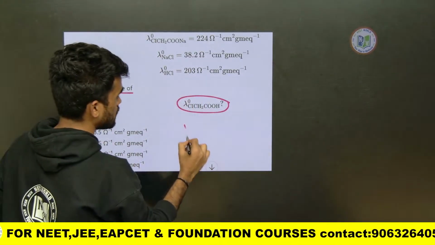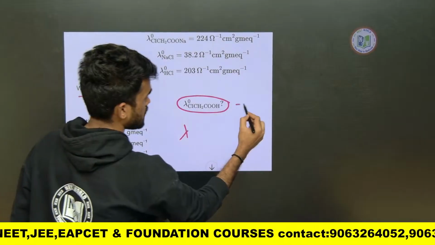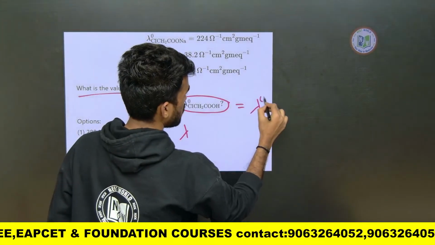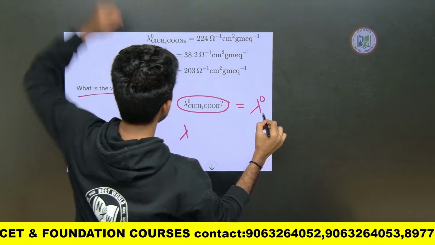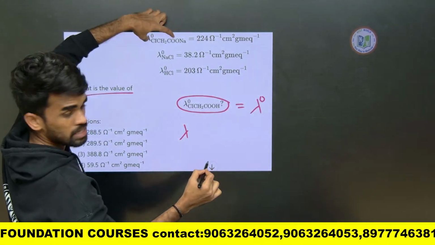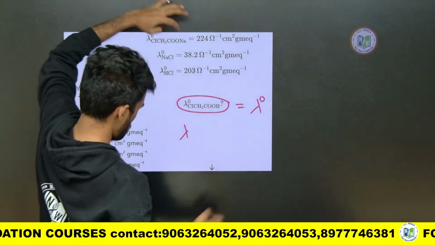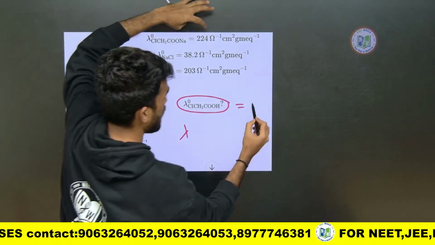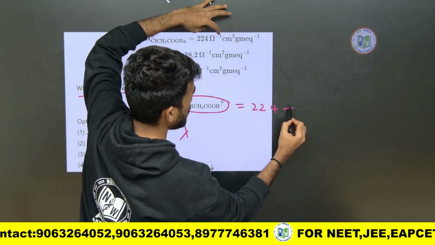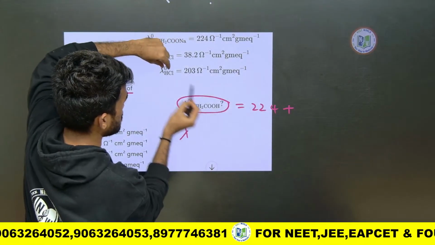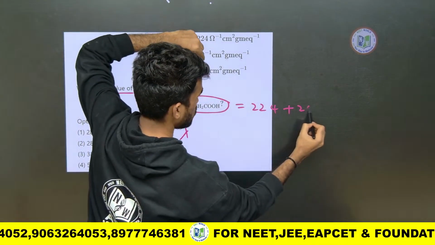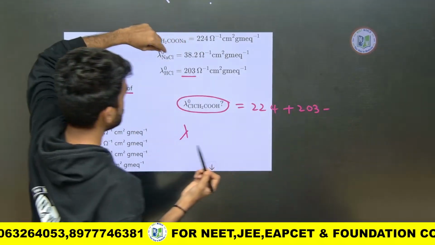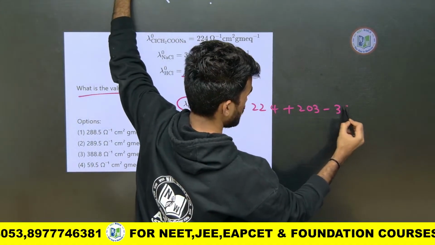So how can we write? Limiting molar conductivity of this acid equals limiting molar conductivity of this anion, which is coming from here. So how much is that? Directly we will do that. 224, because the anion is coming from here, plus we need H plus. It means it is coming from here, 203, and minus 38.2.